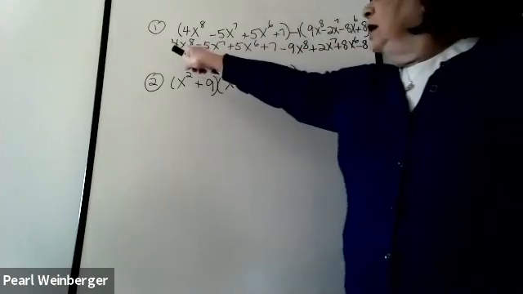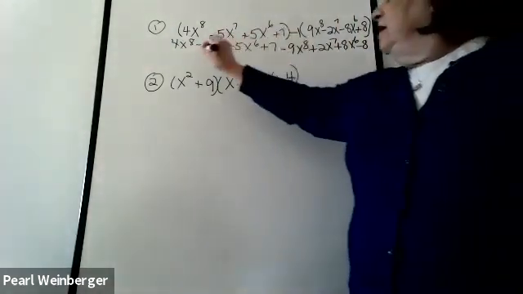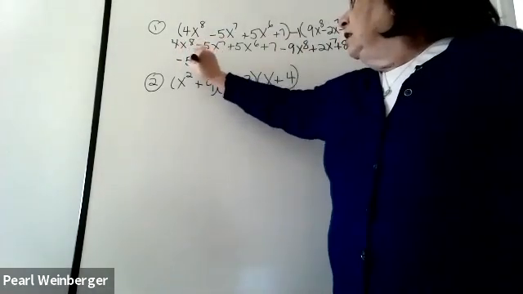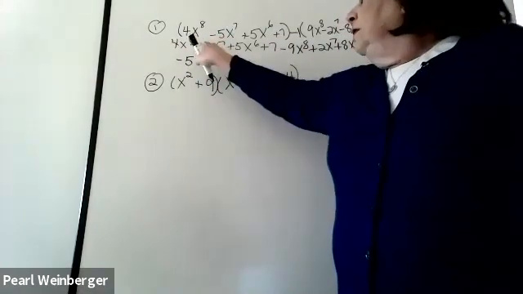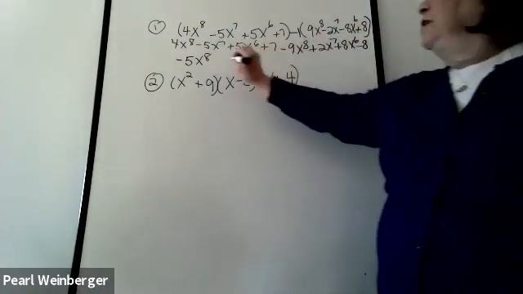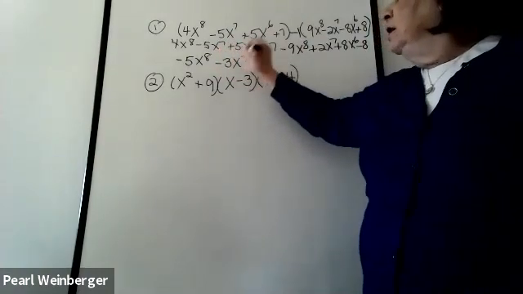And now we're going to combine the like terms. The 4x^8 and the negative 9x^8 is going to give me minus 5x to the 8th. The negative 5x to the 7th and the plus 2x to the 7th is going to give me negative 3x to the 7th.